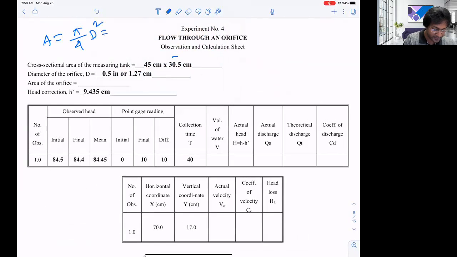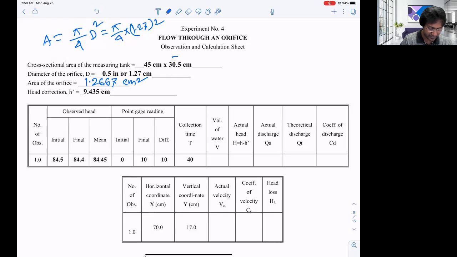So let me just calculate using my calculator: 3.1416 divided by 4 multiplied by 1.27 squared. Okay, so we are getting 1.267 centimeter square.